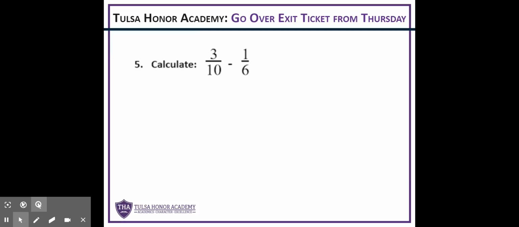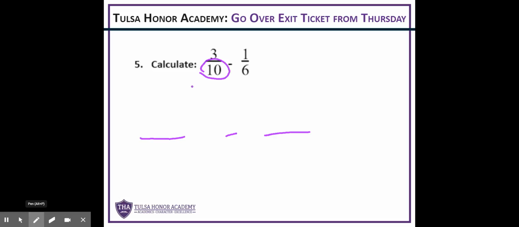Next, we have 3/10 minus 1 over 6. So remember, we had to find the lowest common multiple for 10 and 6. So I'm just going to list them out again, and I'm going to start with the biggest number. So does 6 go into 20? No. But does 6 go into 30?